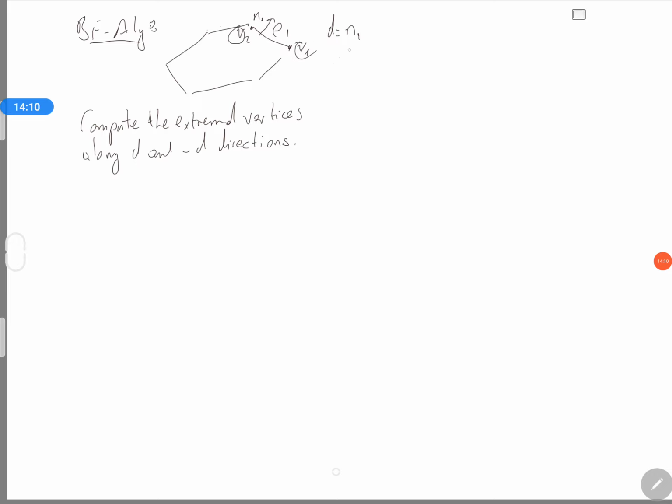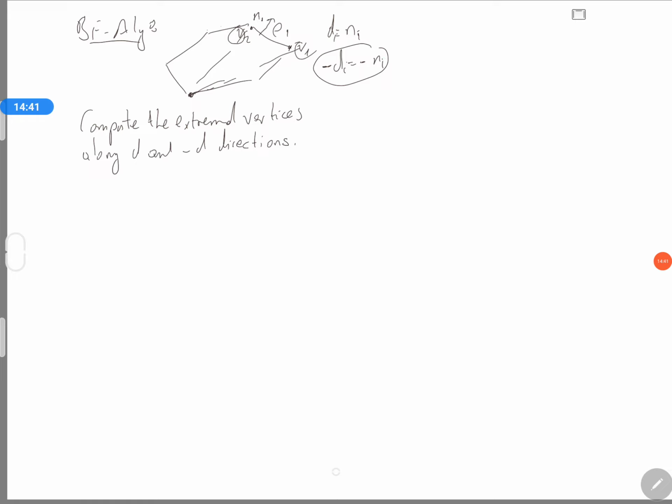All we have to do is to search for a direction that is opposite to n1, that is minus d. So we have to search along minus n1. And if we do that, we'll find out that it is this one. So once we find this one, we can compute these two distances and then take the one which is longer, and it looks like this one here. And then do this for all of the edges, one by one, right?